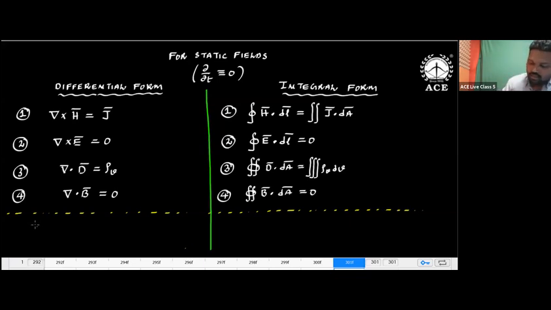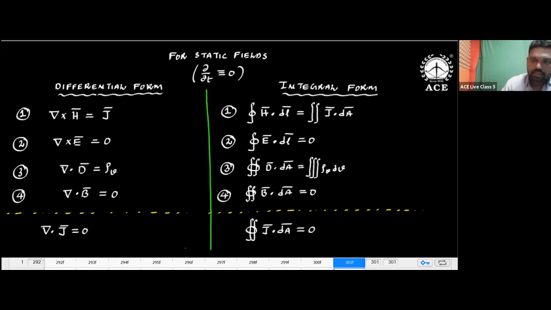Here, divergence of J is equal to 0. Here, closed surface integral of J dot dA is equal to 0.